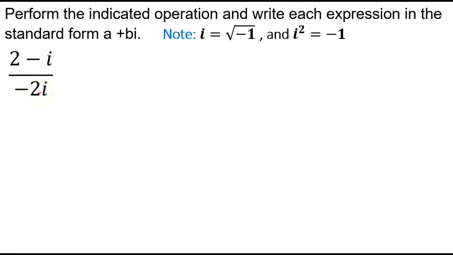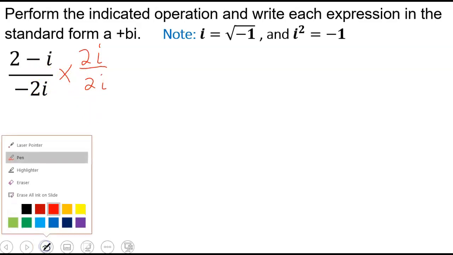Therefore, before we can divide it, we have to multiply by the conjugate of -2i. And the conjugate of -2i is +2i. So it's +2i divided by +2i. When you divide a number by itself, it is equal to 1. Therefore, multiplying by 1 does not change any expression, but it helps us simplify it.